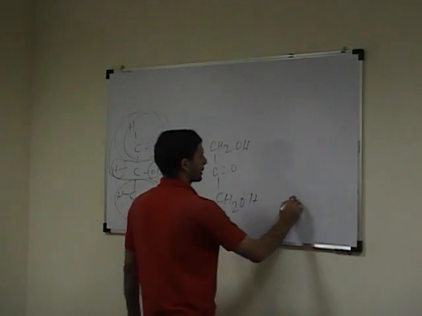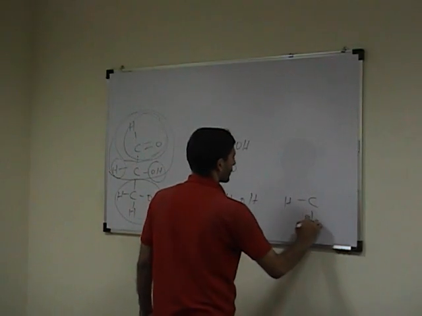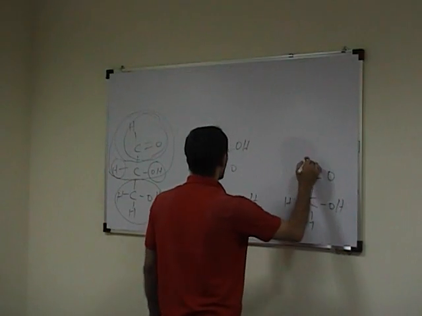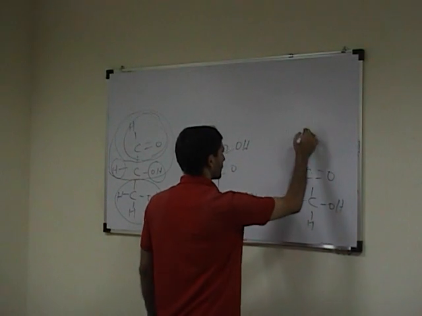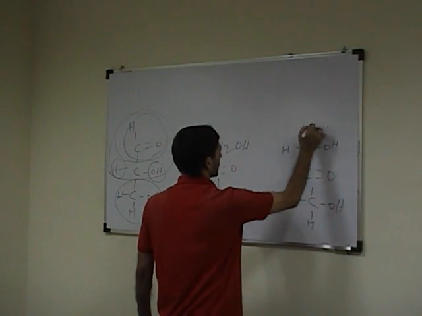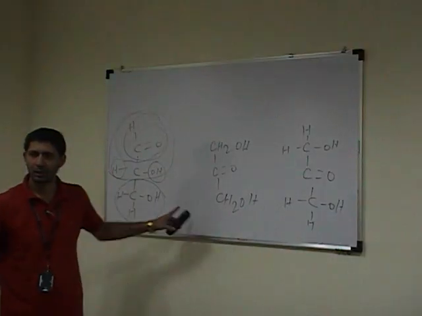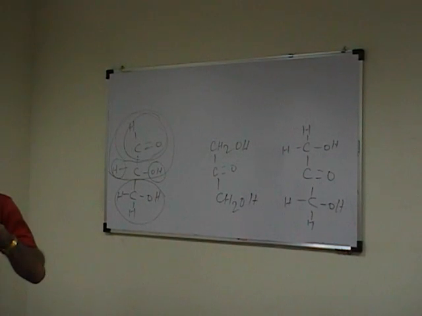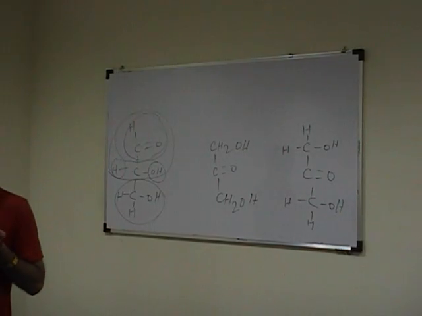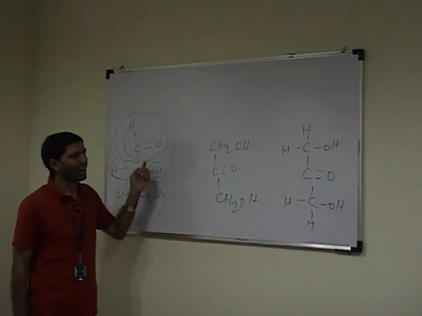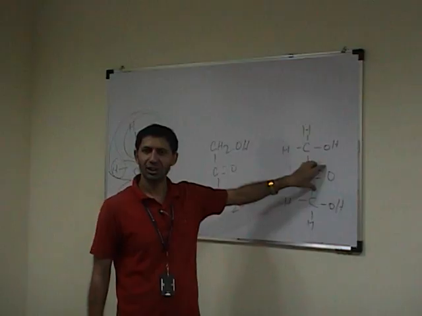If we break it, CH2OH, C double bond O, CH2OH. This is, if you see, the molecular formula is the same, but the structural formula is different. Here the functional group is aldehyde, here the functional group is ketone.